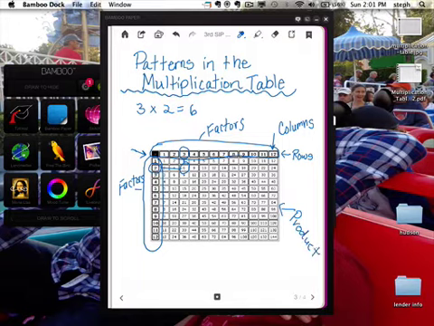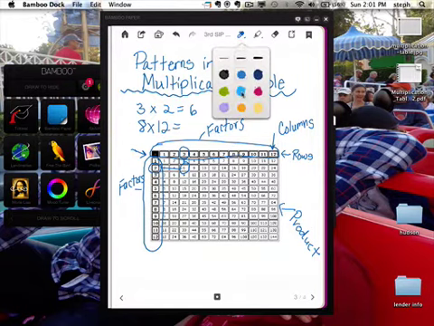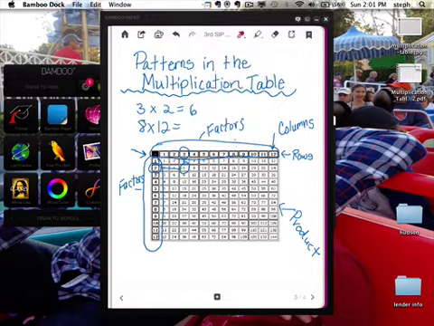Let's do another one. So let's say we want to find a big one, like 8 times 12. Wow, that's huge. So I go up here and I look for my 8. So I'm going to change the color just so we can see it a little bit better. Okay, so I go to my 8, there's my 8, and I'm going to go down here to my 12.